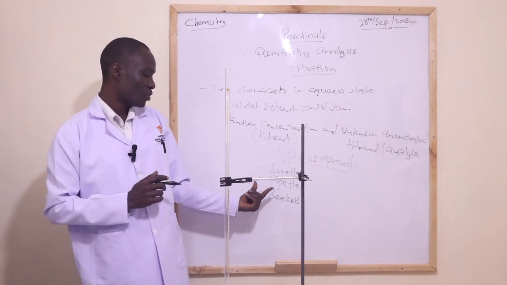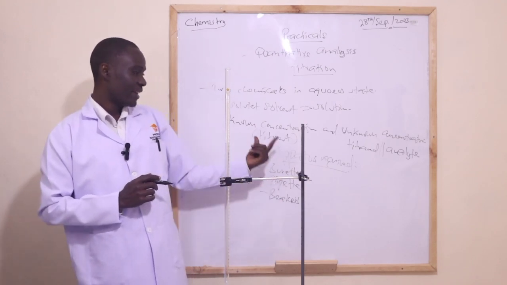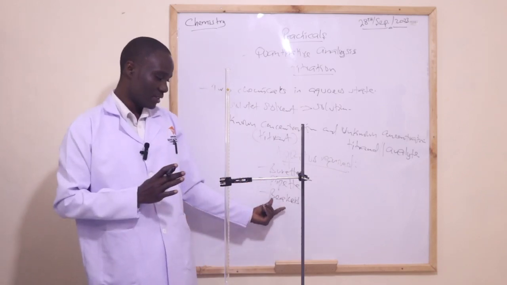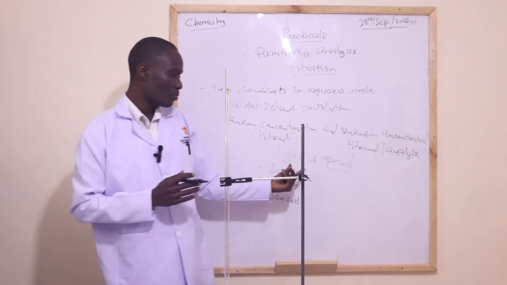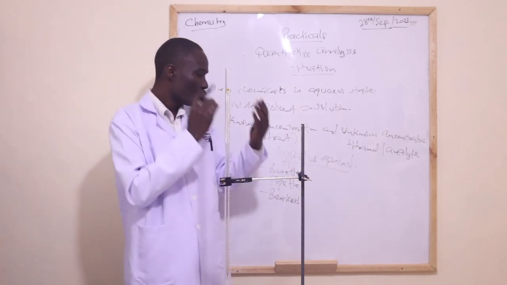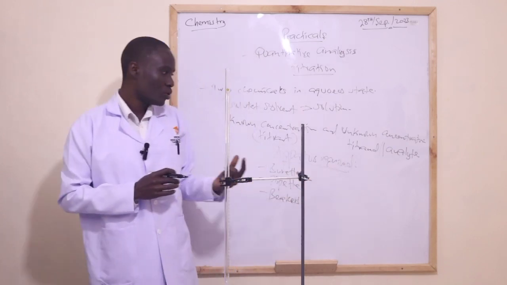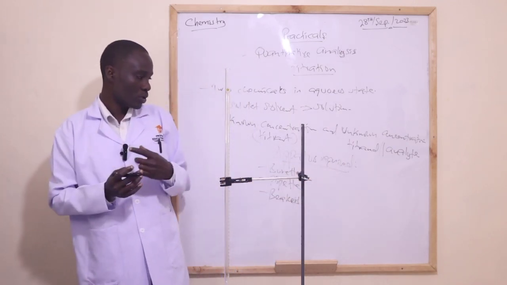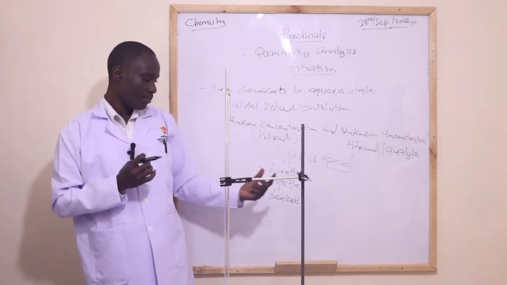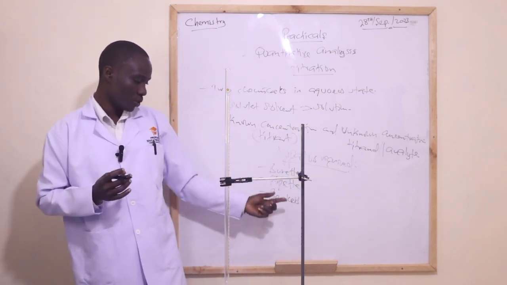The other must be containing the titrant. There must be other empty beakers that you will be using to drain, or if you've used any other substance, then you don't need to pour it out. At least you need to empty it into a free, empty, dry beaker. So we need more than two.